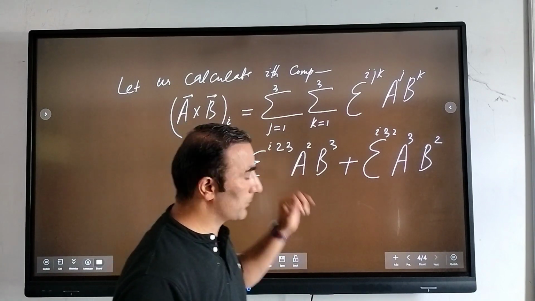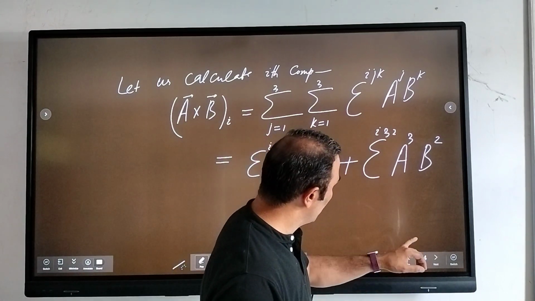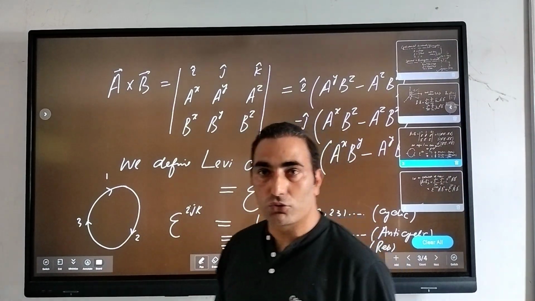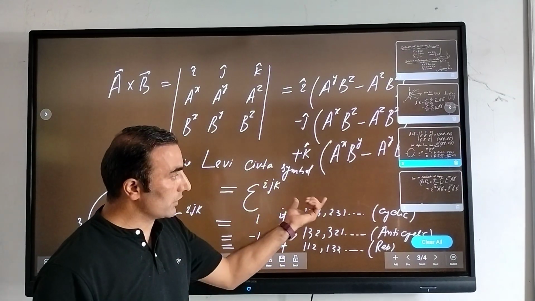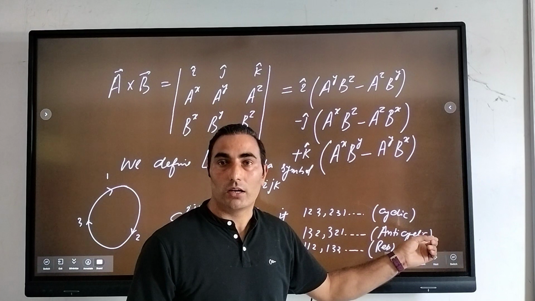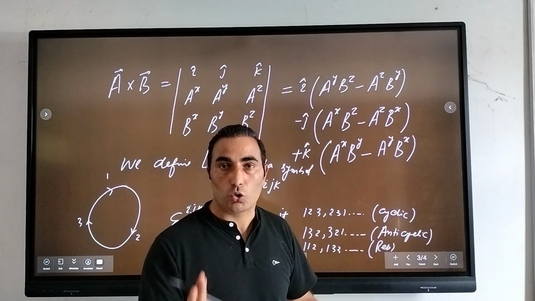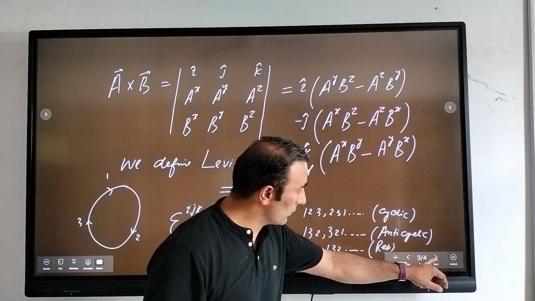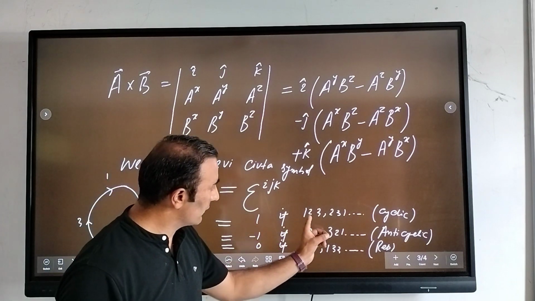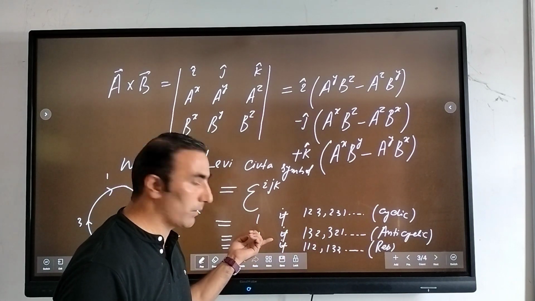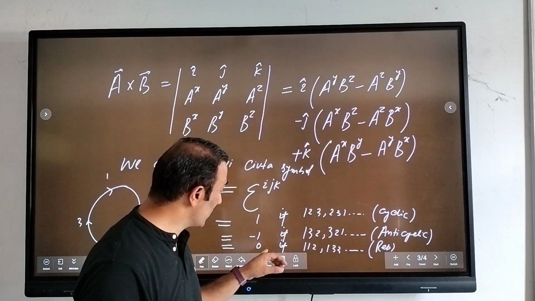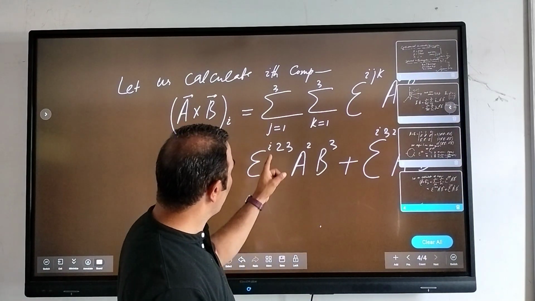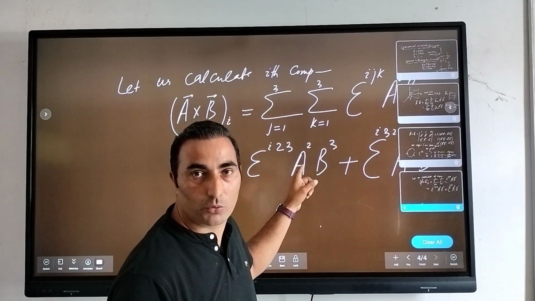Now check the property of this Levi-Civita symbol. So what possibility can epsilon have? Epsilon is epsilon i 2 3 or epsilon i 3 2. So it can be +1 or -1 only when i equals 1. If i is 1, then it is cyclic, or it can have the value -1 if it is in anti-cyclic order, and there will be 0 if there is repetition. So if I repeat, that means if I write 3 2 3, this will be equal to 0.